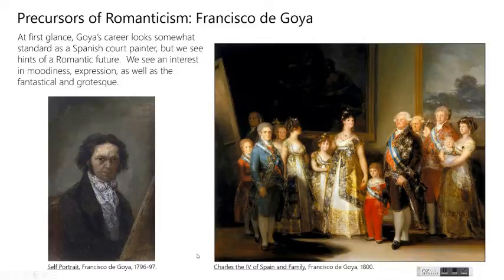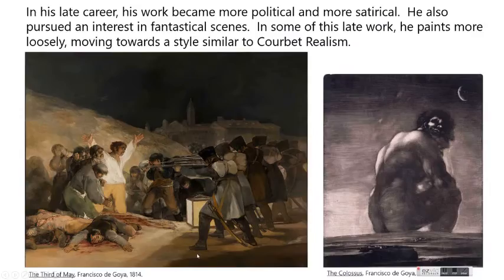Although, if you look at a lot of his paintings, a lot of what he does seems to be the basic work of a Spanish court painter, there is something a little bit more there, especially in some of the later works, where he's much more interested in what's going on in his country, in Spain, in the Civil War, and in his prints, like the Atrocities of War series that we've already talked about, or the Colossus that we've talked about here.